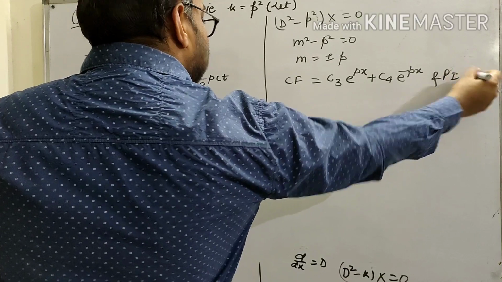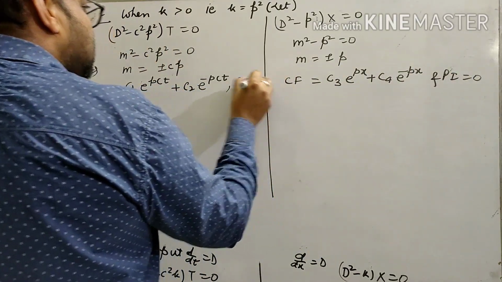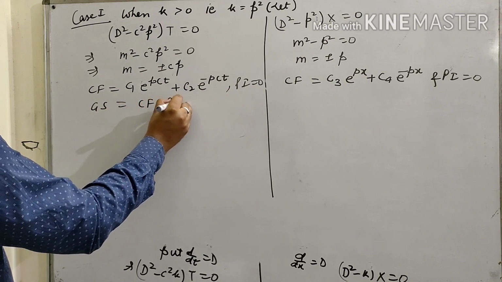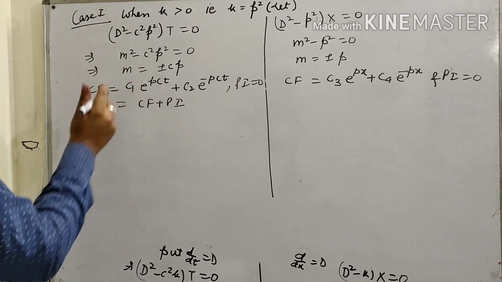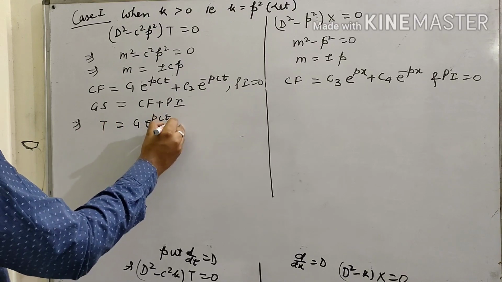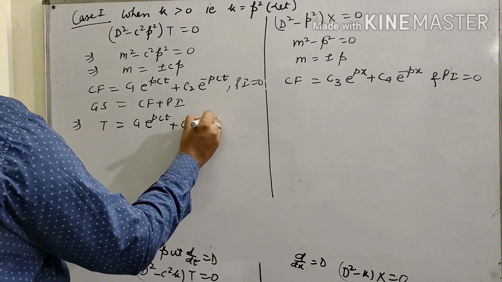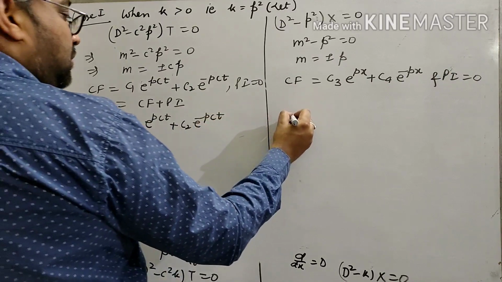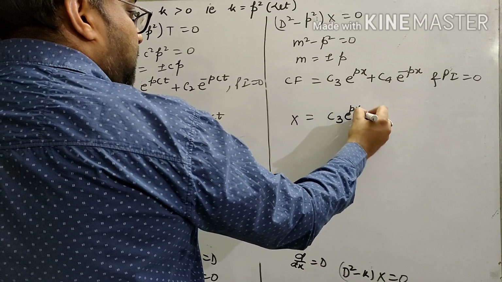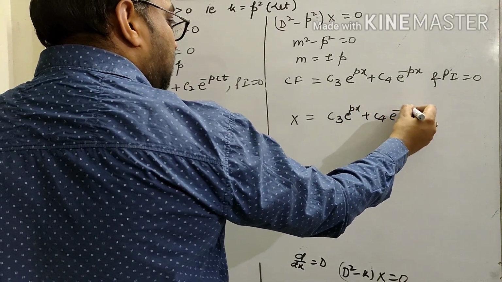In both cases PI is equal to 0, so in both cases GS is equal to CF plus PI. So we get capital T equals C1 e raised to power pct plus C2 e raised to power minus pct, and capital X equals C3 e raised to power px plus C4 e raised to power minus px.